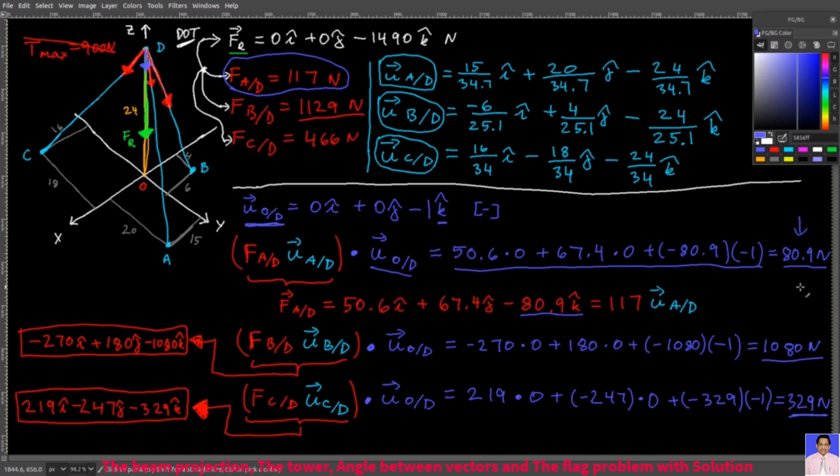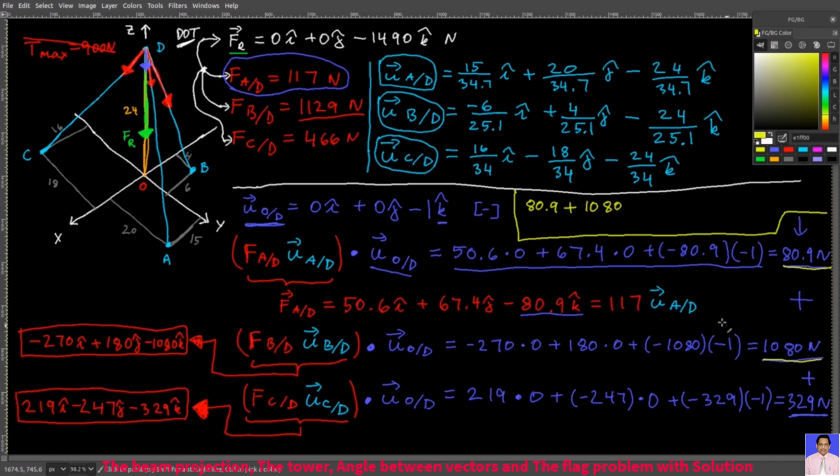And now, I will just add up these three components. So I have this one, plus this one, plus this one here, and that will give me 1489.9 newtons, or I can approximate it to be 1490 newtons.